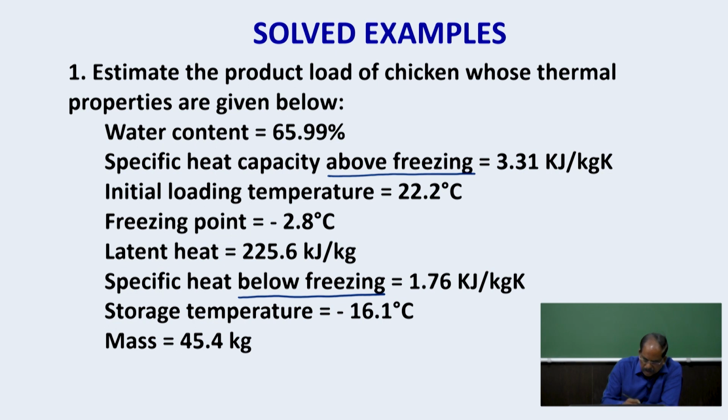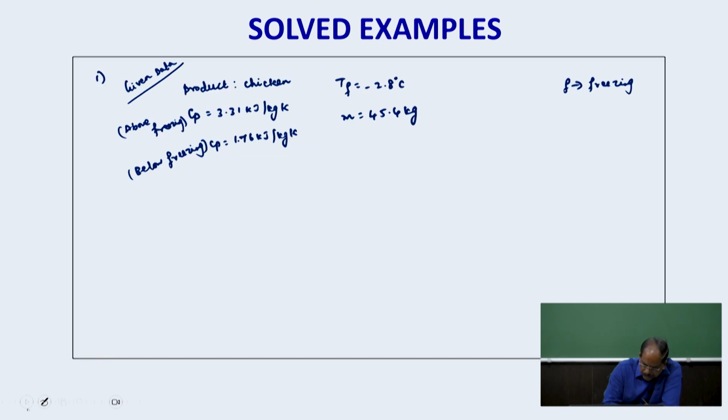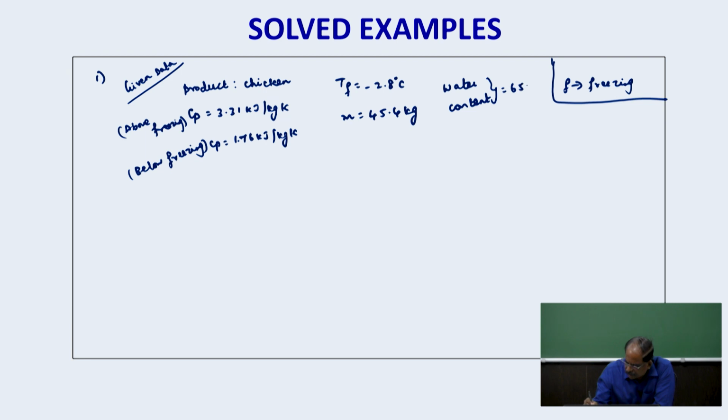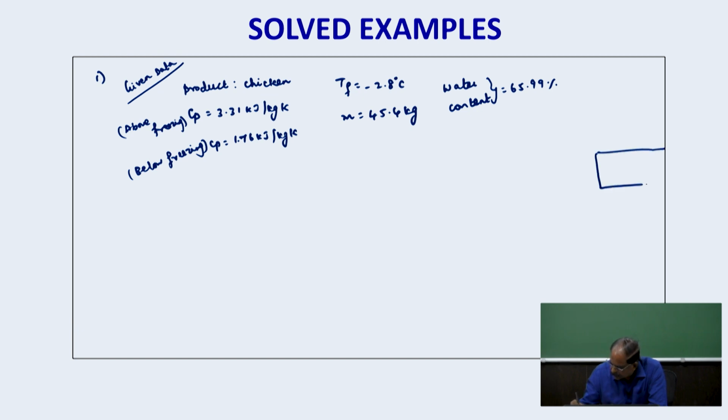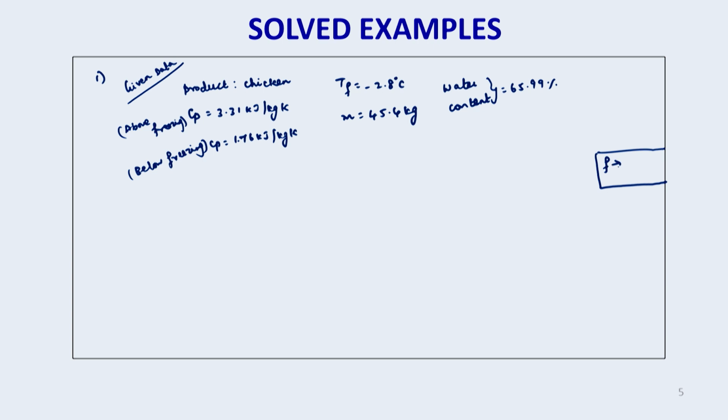And the loading temperature, water content is given as 65.99%. Let me write this clearly: water content is equal to 65.99%. F denotes freezing.